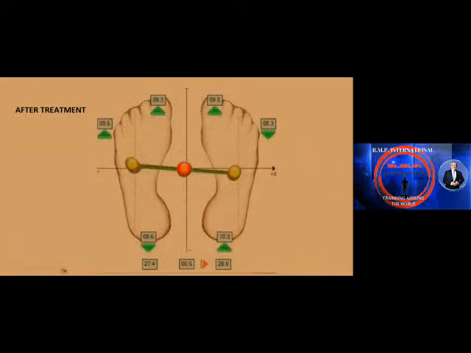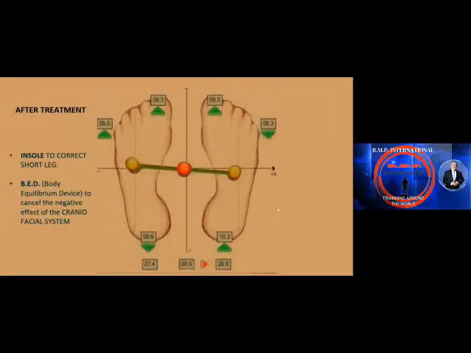And after treatment, look at that, zero overload, green. We made the insole to correct the shorter leg, because that was the diagnosis. And then the bed, the body equilibrium device, to cancel the negative effect of the craniofacial system. Zero.